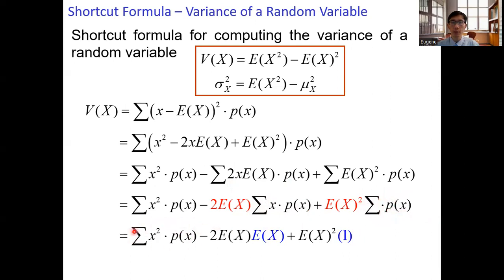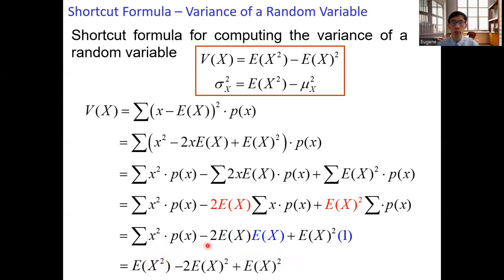And the first term, the summation of X squared times P of X is the expected value of X squared. You can verify this by the formula E of h of X, and here h of X equals X squared. So the summation of X squared times P of X equals the expected value of X squared. So we get the first term as the expected value of X squared.